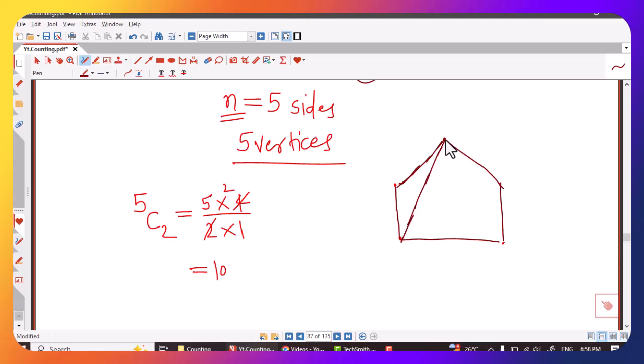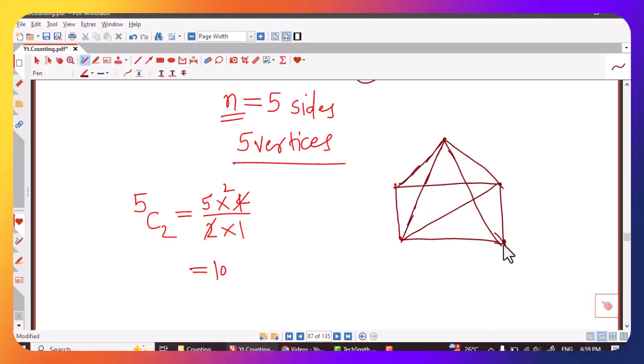We can join this vertex with this, and this vertex also. This is just for understanding. Then this vertex can be joined with this vertex, with this one, and we can join with this also.